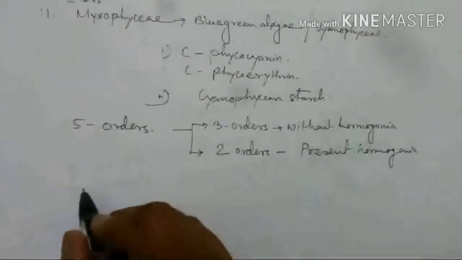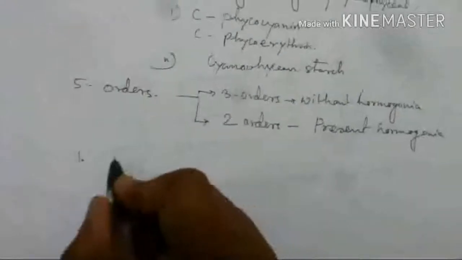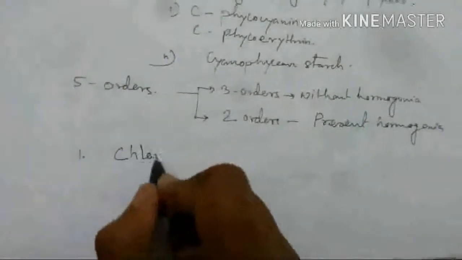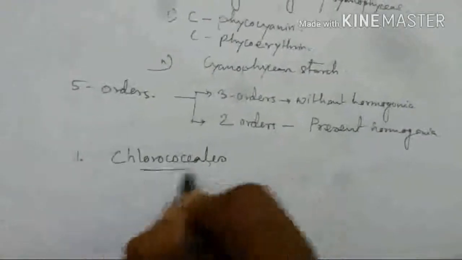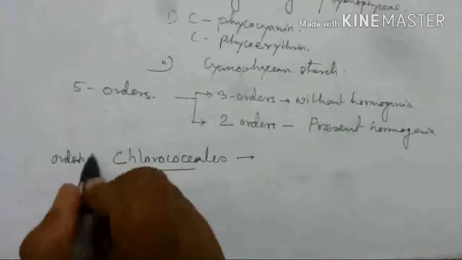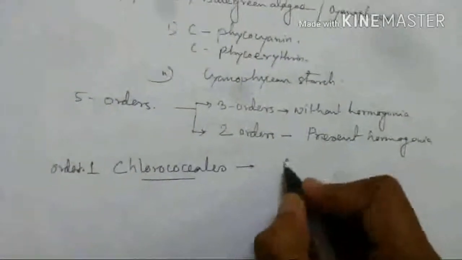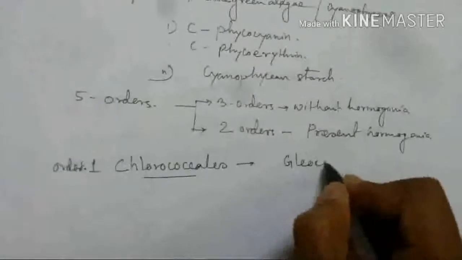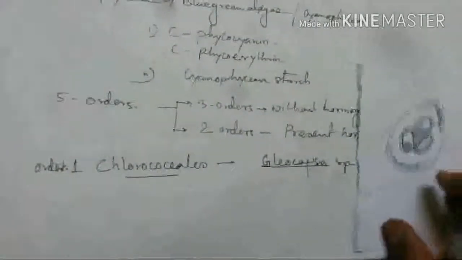So the first order is Chroococcales, and an example of this order is Gloeocapsa algae. The algae looks like this.